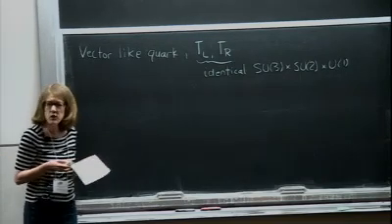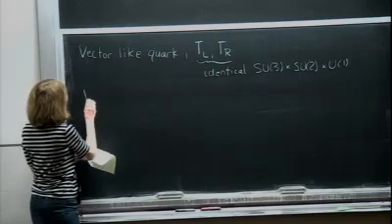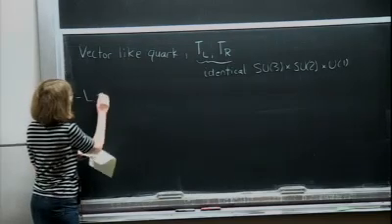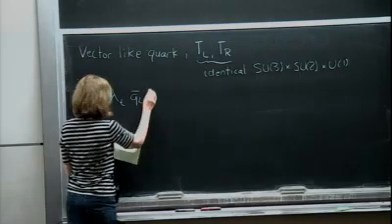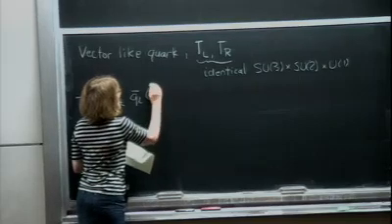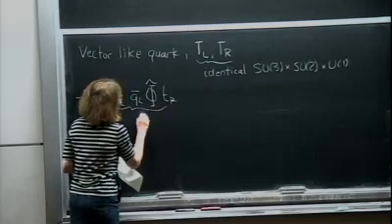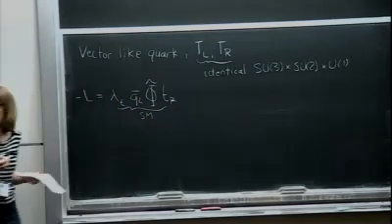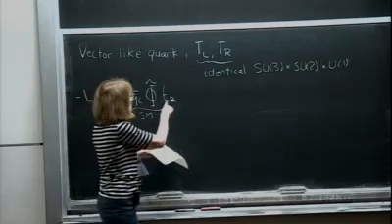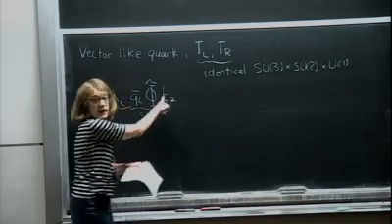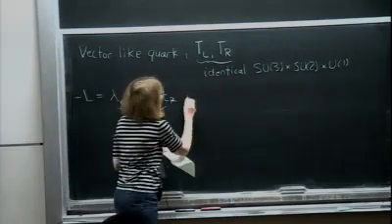So let's go back to our scalar potential that we had yesterday. We had minus L equal to lambda T Q bar left phi tilde t right. So here's the standard model coupling of the doublet to the top right, which is a singlet under all the quantum numbers other than SU3.